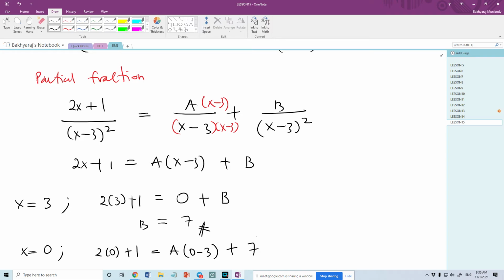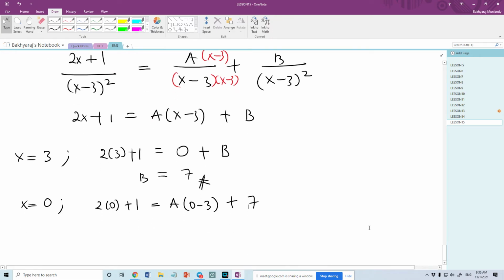You must substitute, then you get it. So what will be the answer? This one gets 1, right? 1 minus, yes, correct. So for a, this one gets 1, this one gets negative 3a plus 7. So 3a is equal to 7 minus 1, which means a equals 2.